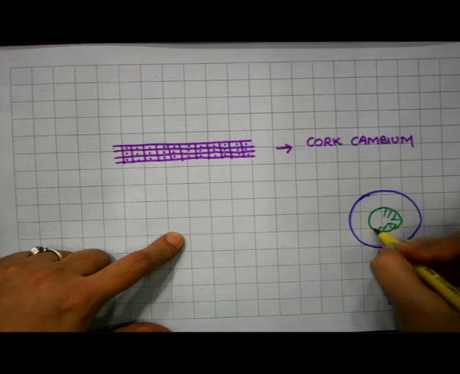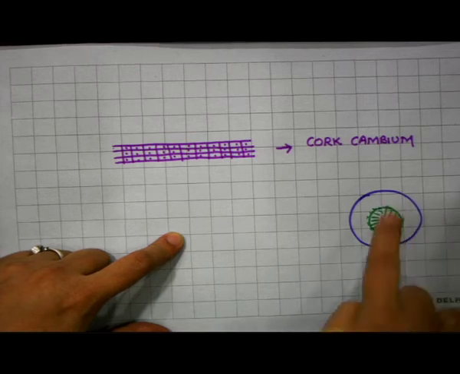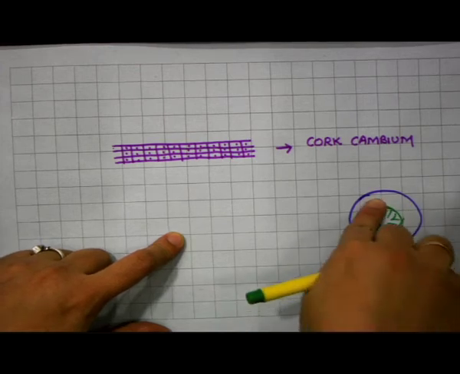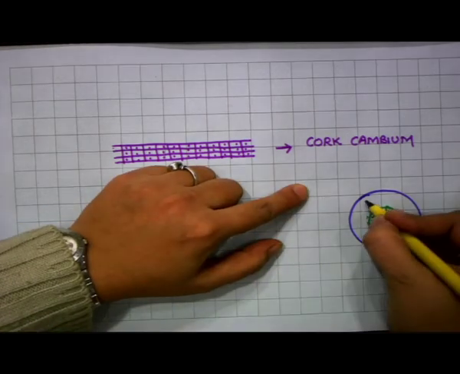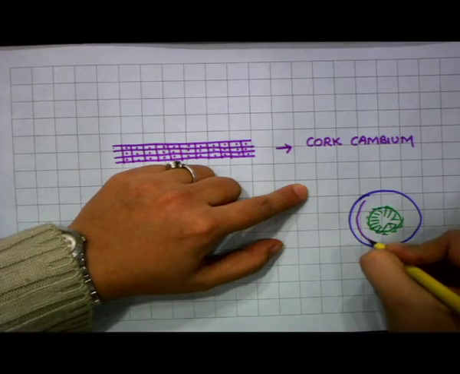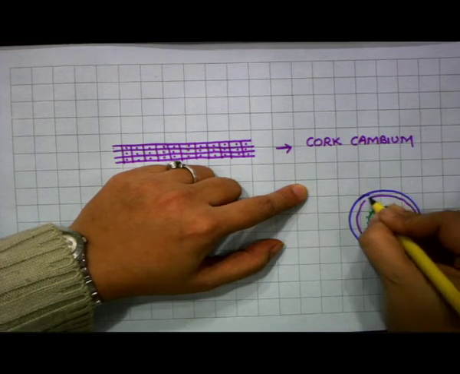A lot of xylem has been formed, a lot of phloem has been formed, and this area is the cortex, which is now about to rupture because of development of so much secondary tissue. The cork cambium will develop somewhere here below the epidermis in the cortical region.